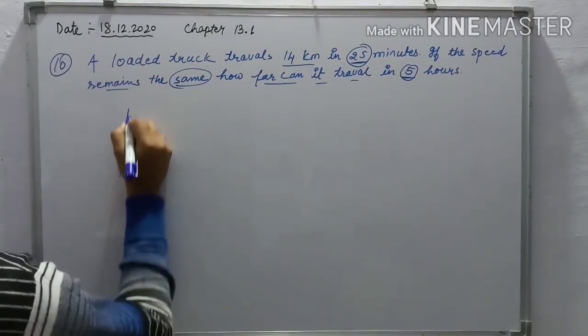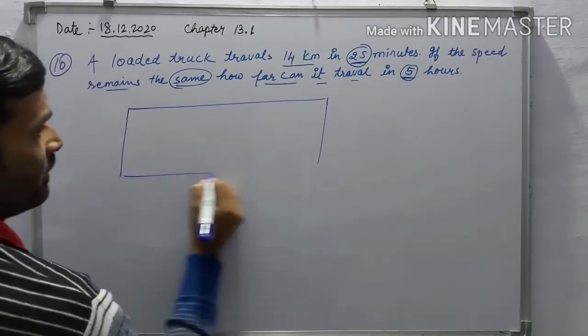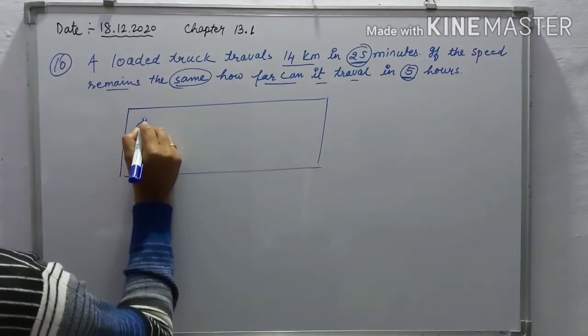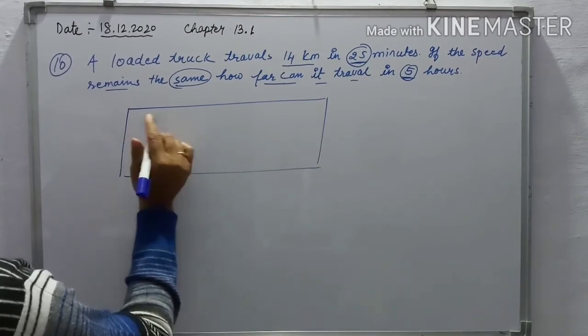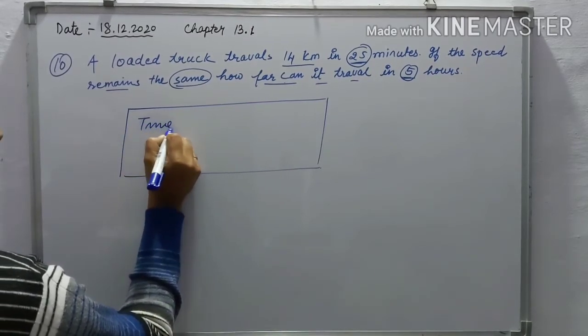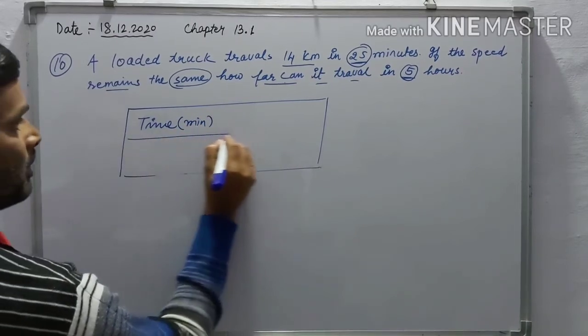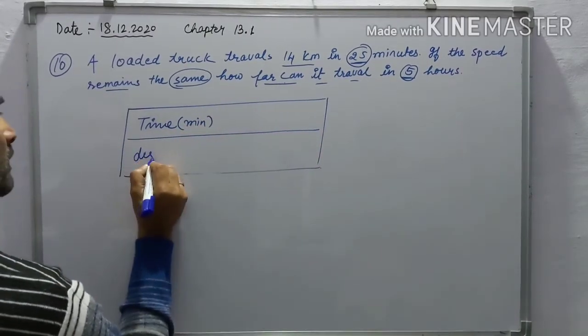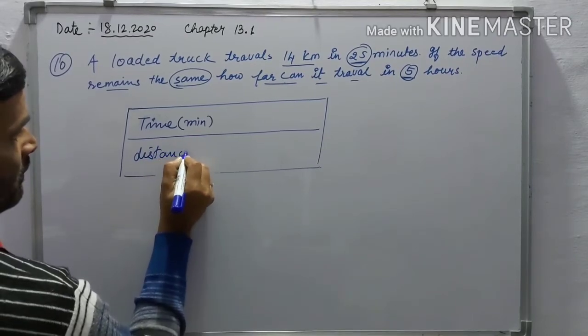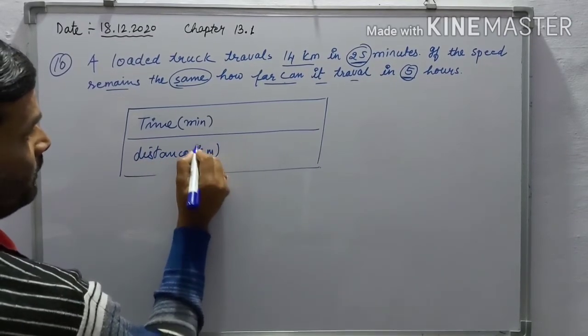First we make a table. First the time in minutes, and distance in kilometer.